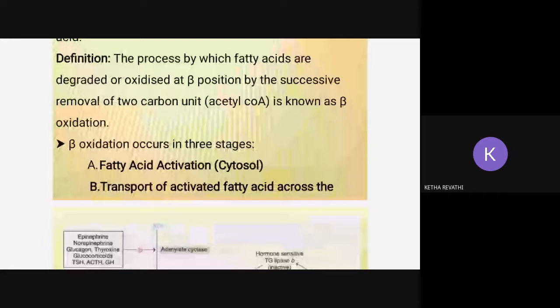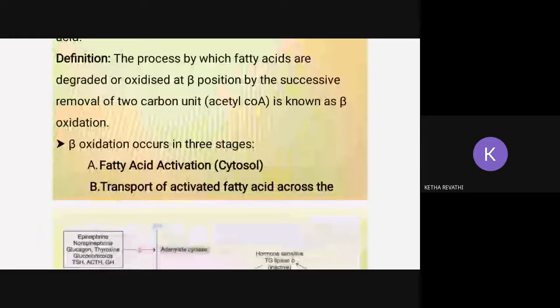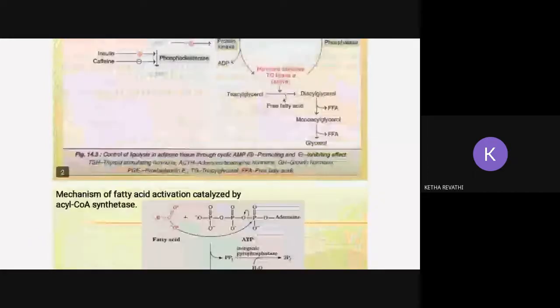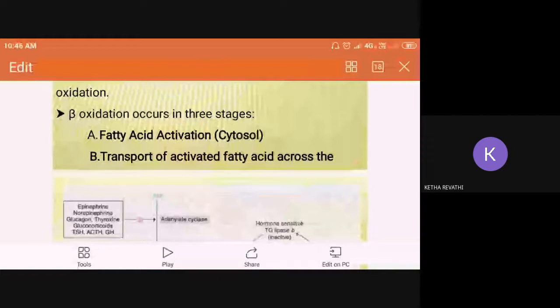Second is transport of the activated fatty acid from the cytosol to the mitochondrial matrix. Third is the beta oxidation cycle, which takes place in the mitochondrial matrix.